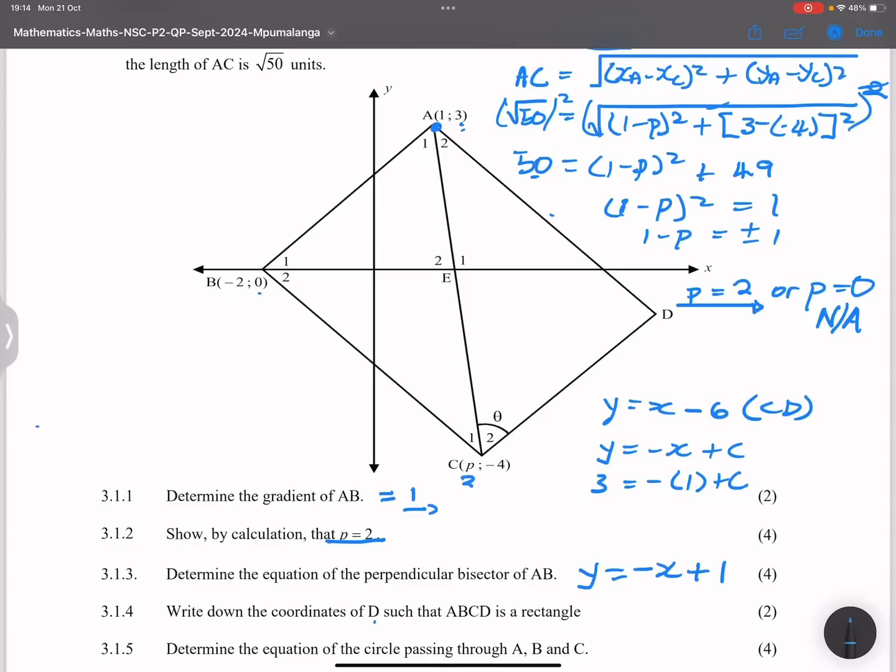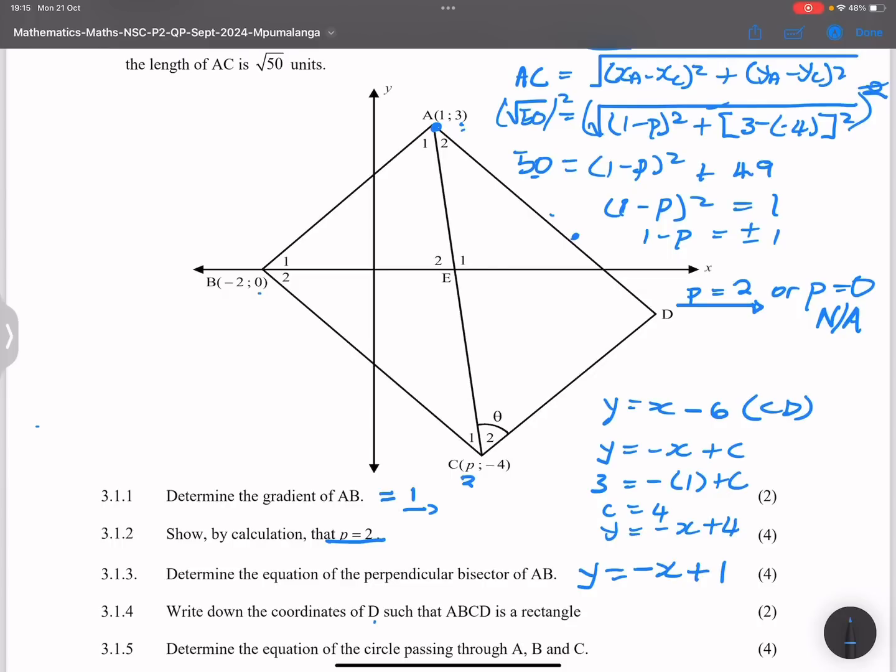So I will get c is equal to 4. So the equation there for AD is y is equal to -x plus 4.